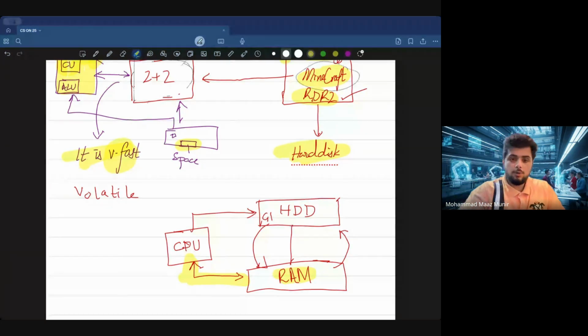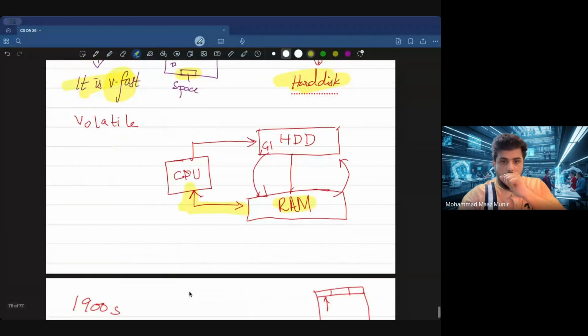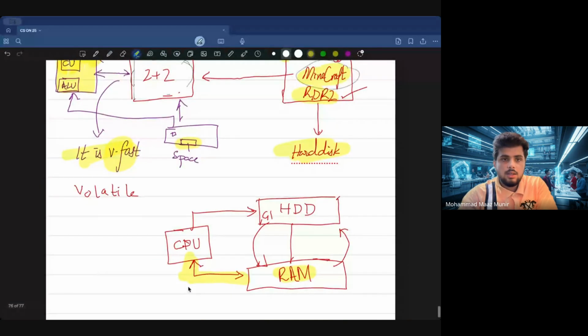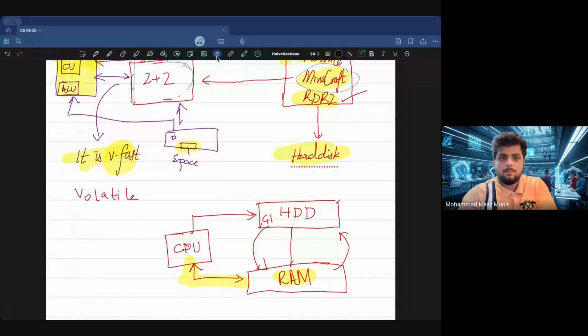volatile. Okay, you want me to write it? Let me write it up here. Where should I write? Let's write it here, right in front of this. So if I write for volatile: RAM does not store data.